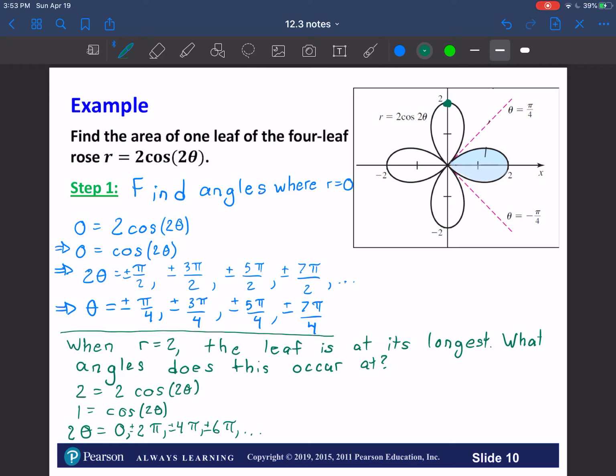All right. We also could get r equals negative 2, so it might be worth considering whenever our radius is negative 2.